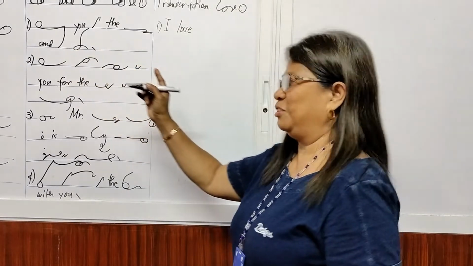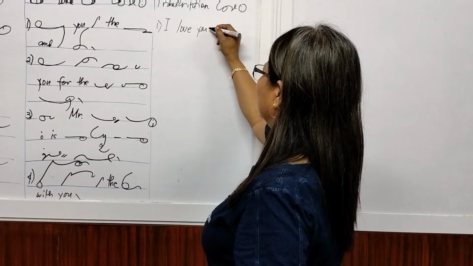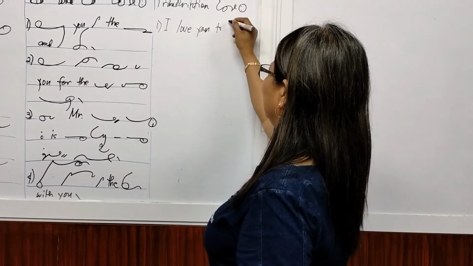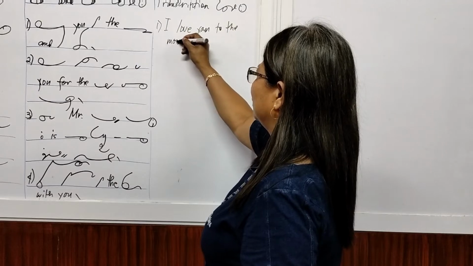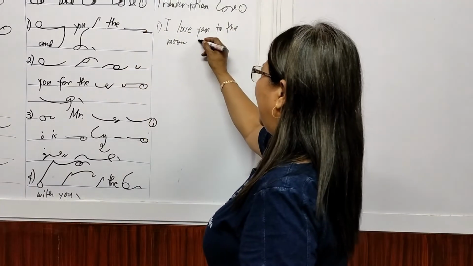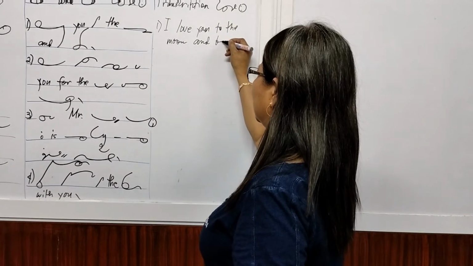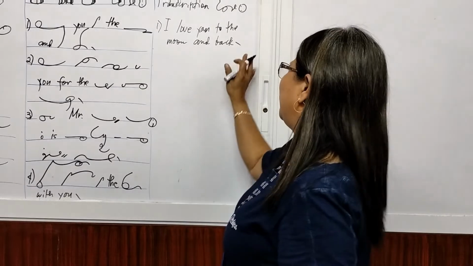So I love you. You can write it already. I love you to the moon, M-U-N, that is moon, and back. I love you to the moon and back, period.